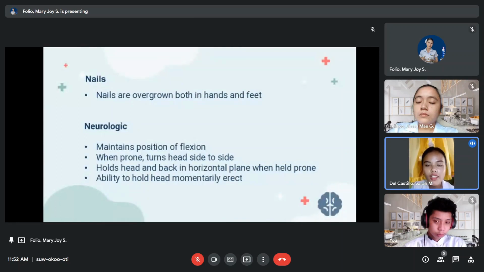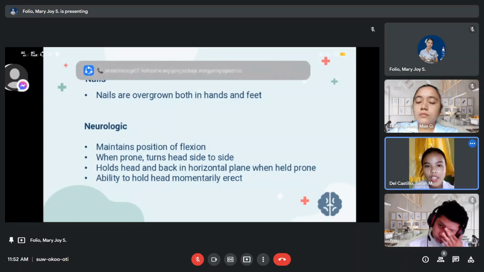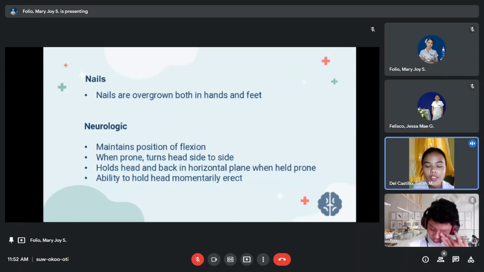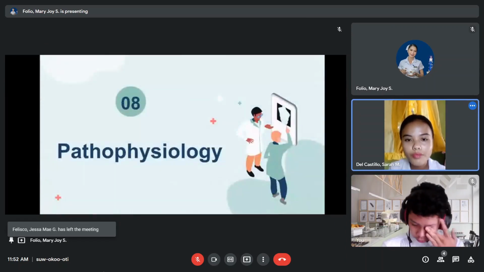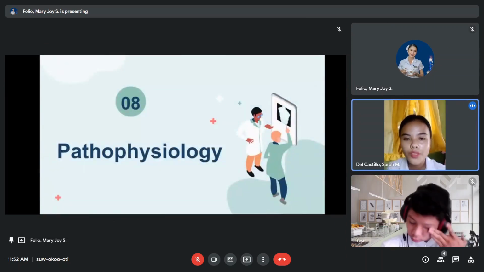And the nails are overgrown both in hands and feet. For the neurologic, it maintains position of flexion. When prone, turns head side to side, holds head and back in horizontal plane when held prone, ability to hold head momentarily erect. Next. So that is all for the physical assessment.